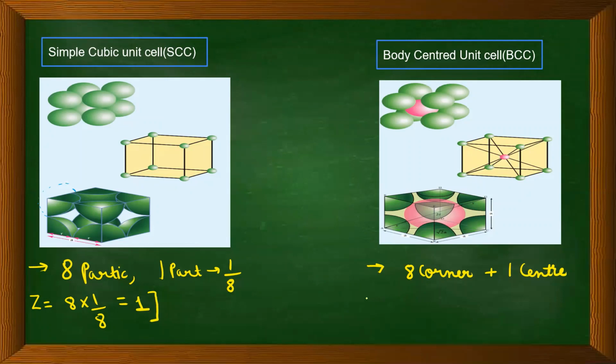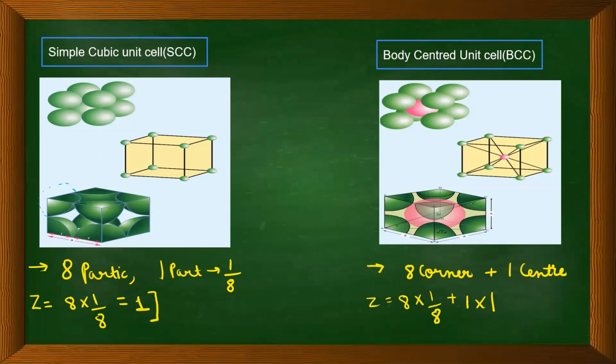So Z will be equal to 8 into 1/8, because one particle contributes 1/8. So 8 contributes 8 into 1/8, and one particle is present at the center of body and that contributes 1, because that was present in the one unit cell only and is not shared by any other unit cell.